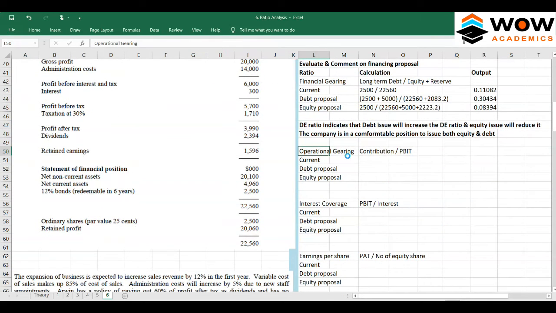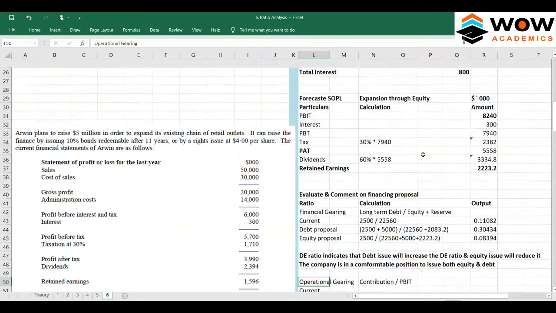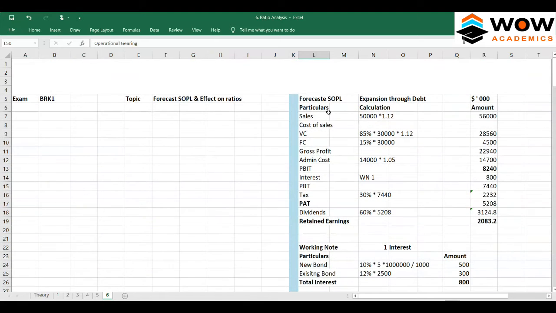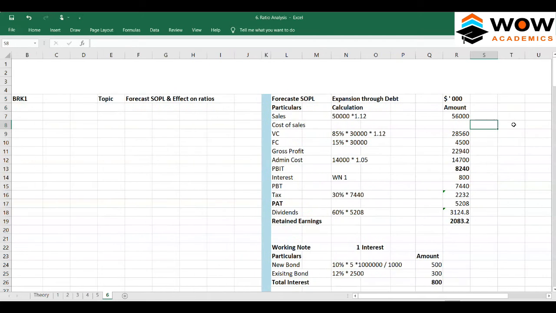So the next one is operational gearing. So we have to get contribution by PBIT. The problem is when we worked it out, we have only worked out in this manner, so we have not got our contribution. So we have to get our contribution separately. Okay, so we can work it out here if you want.